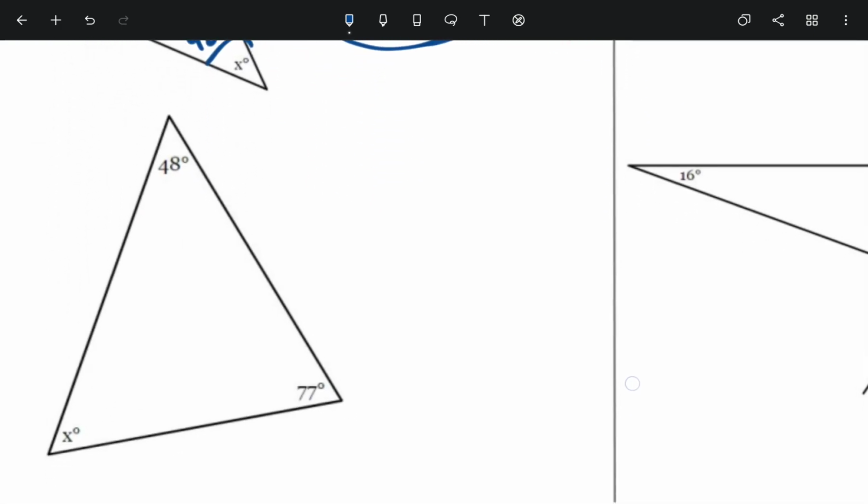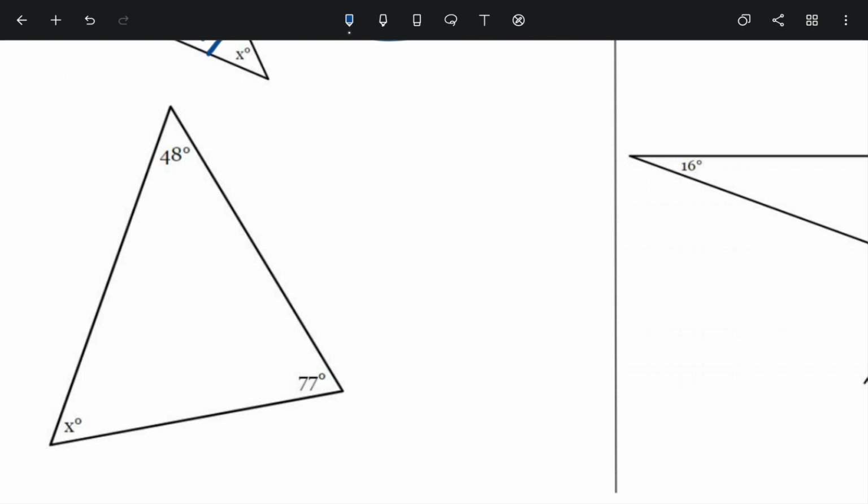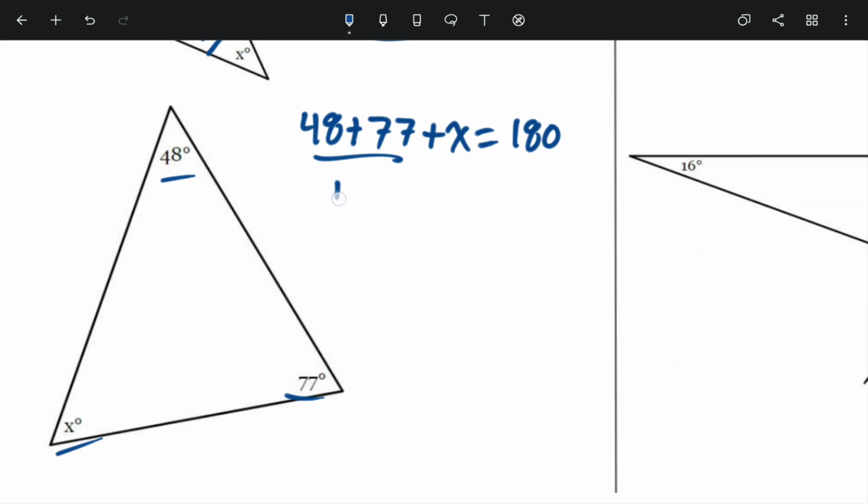Let's look at our last level 1 question. Again, angle-sum theorem. So all 3 of these angles will equal 180 degrees. So let's add them together. 48 plus 77 plus x equals 180. Add these two together, and 48 plus 77 is 125 degrees.